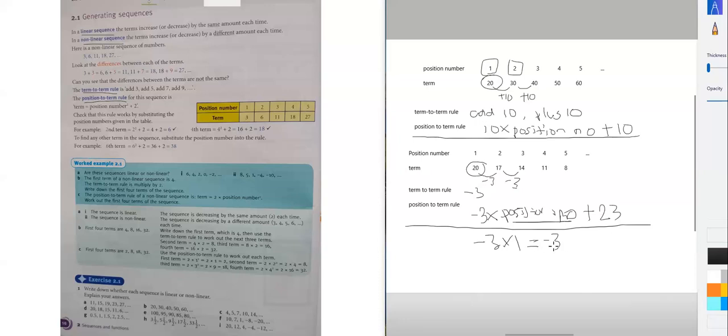So you need to plus 23 in order to get 20 back. So this is how we solve the problem of position to term rule. Basically, you only have 2 types. One is plus, this type, and the other one is the minus. You can use the same method to answer every single question of this type.